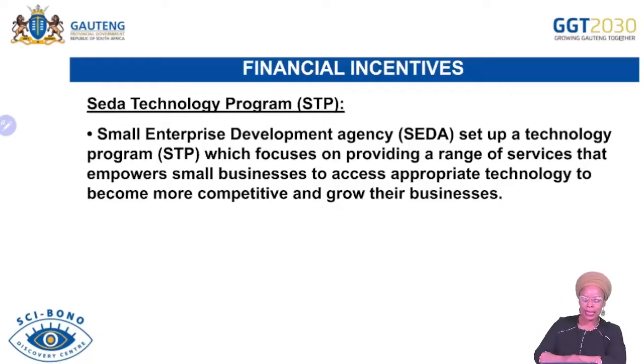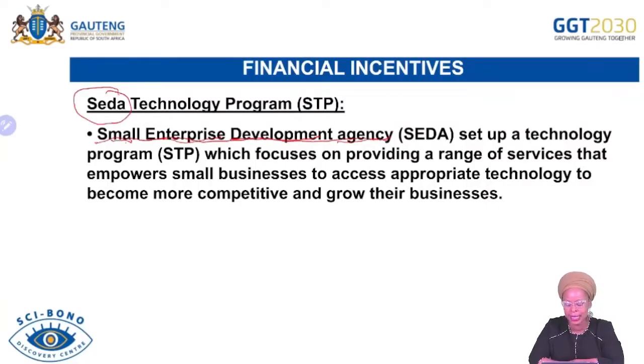So what is SEDA Technology Program? Let's start first with SEDA. The S stands for small, the E stands for enterprise, D stands for development, A stands for agency. So SEDA in full is Small Enterprise Development Agency.